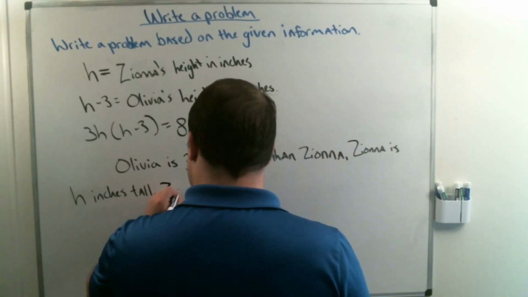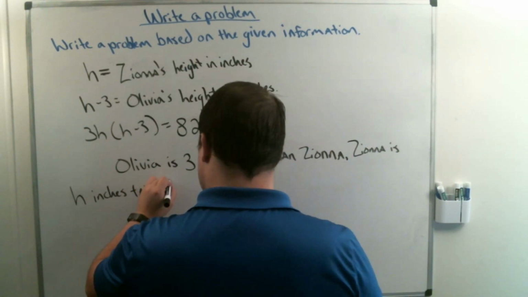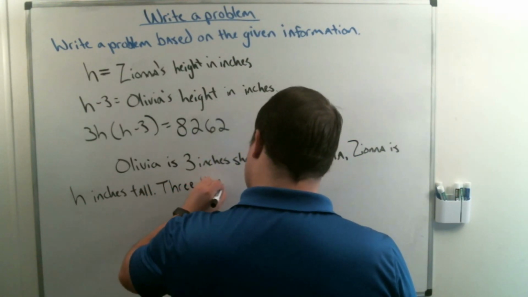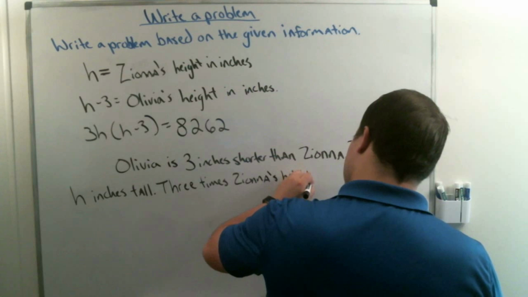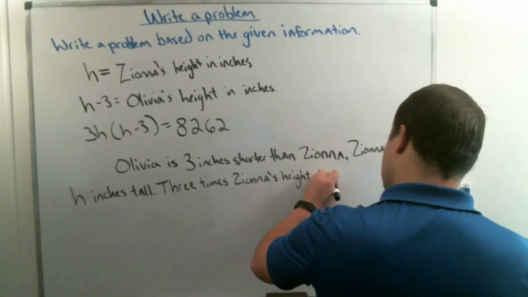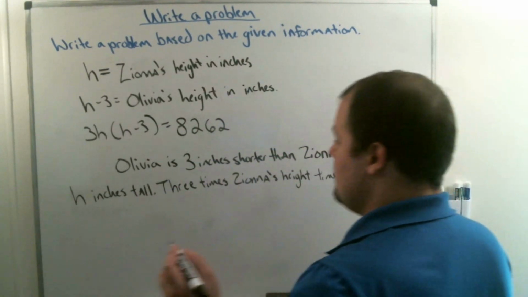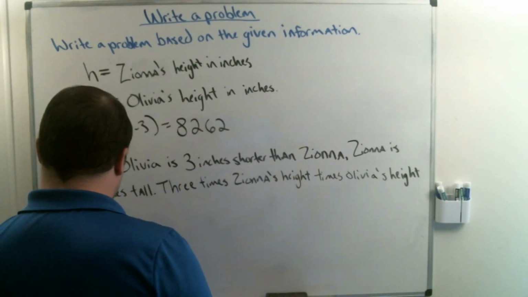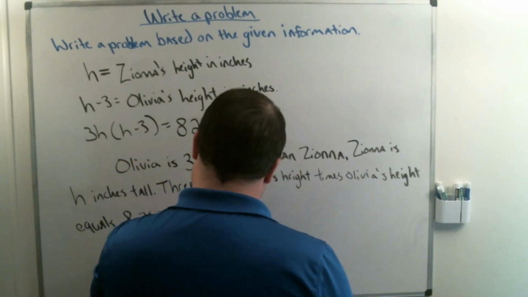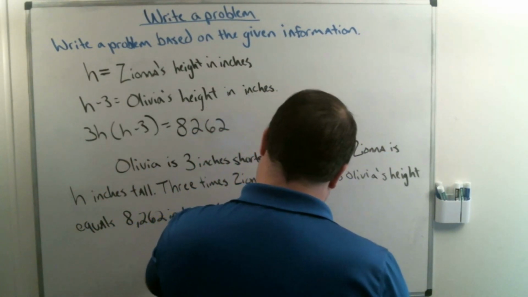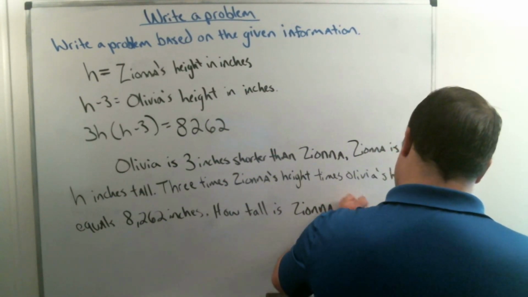Well, if I take 3 times Ziana's height, so I'm going to write 3 times Ziana's height times Olivia's height equals 8,262 inches. How tall is Ziana and Olivia?